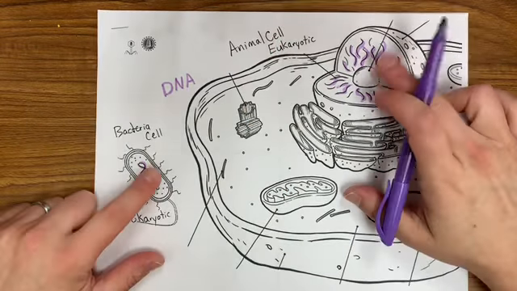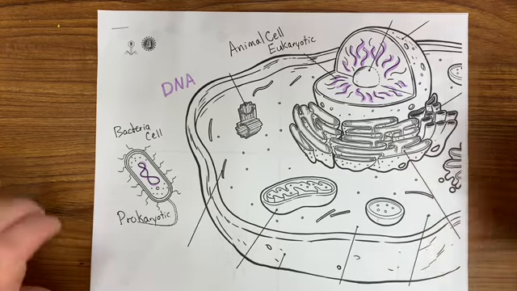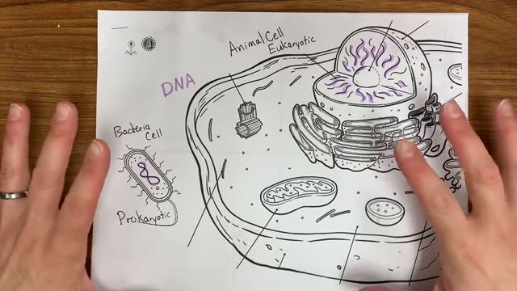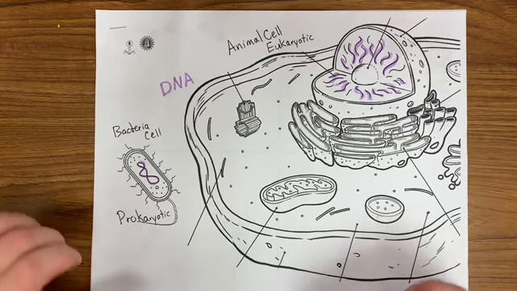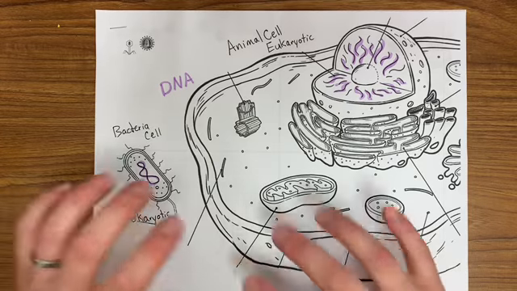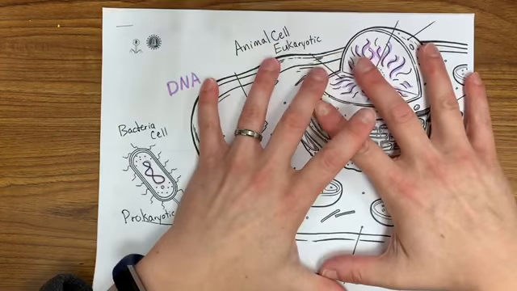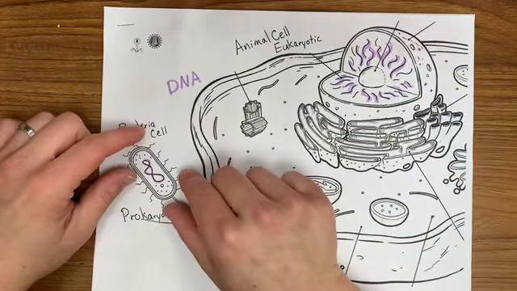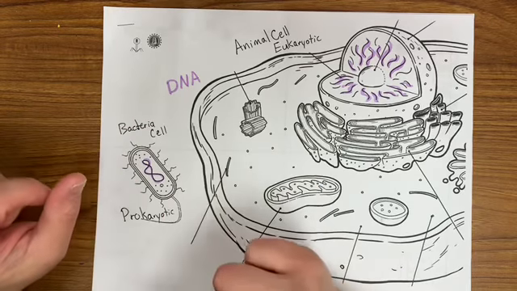You're going to find DNA in both of those because all living things are made out of cells. Todo lo viviente compuesto de células. Complex, large eukaryotic cells or smaller, simpler prokaryotic cells.